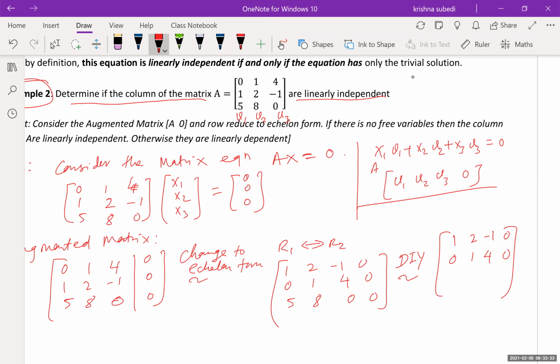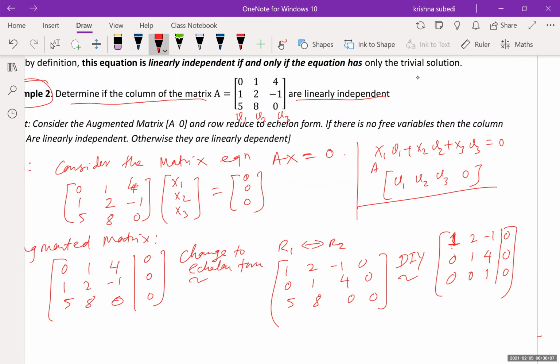Okay, interchanging R1 and R2, that's what I got. Then you do yourself whatever is required. And so we got the echelon form right here.